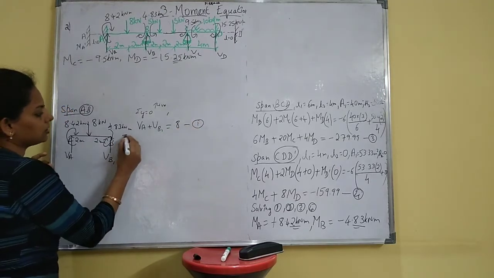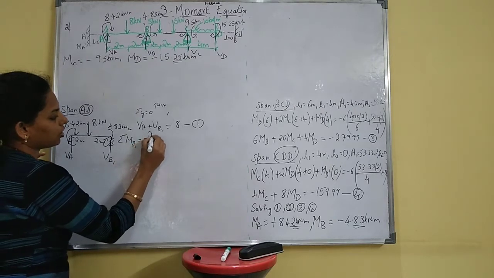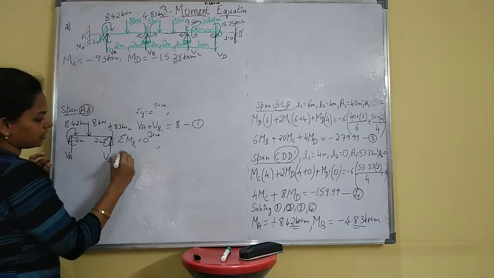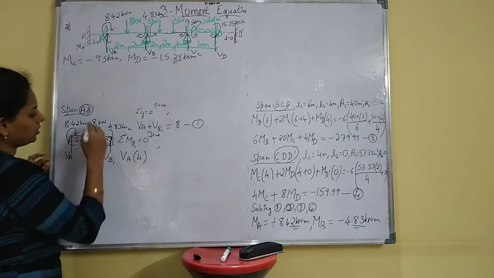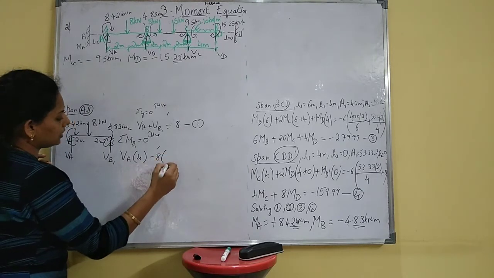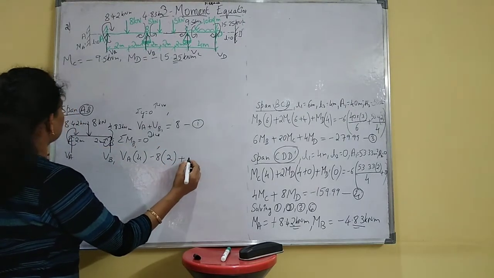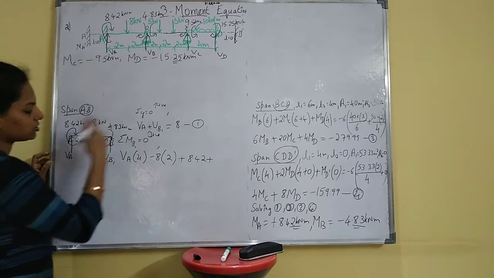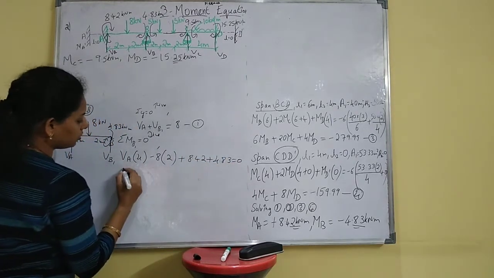Next, summation MB1 equal to 0, clockwise as positive. So you have VA into 4, then minus 8 into 2. Next, consider this couple, that is clockwise, so plus 8.42, then again this is also clockwise, so plus 4.83, which is equal to 0.